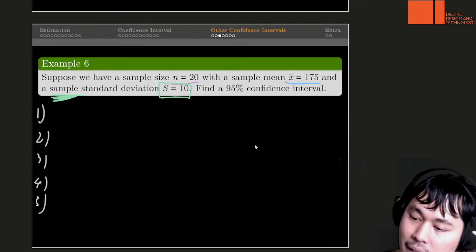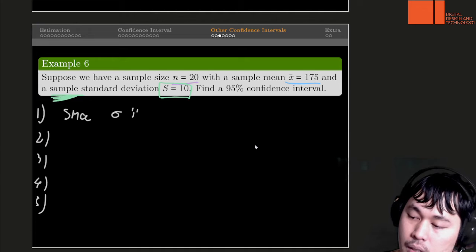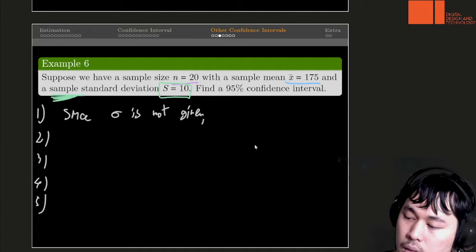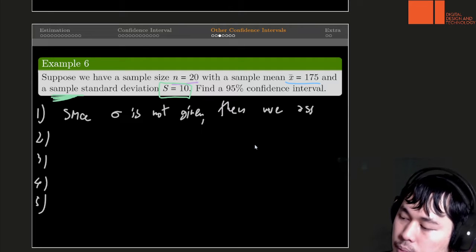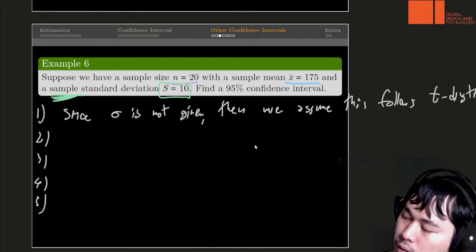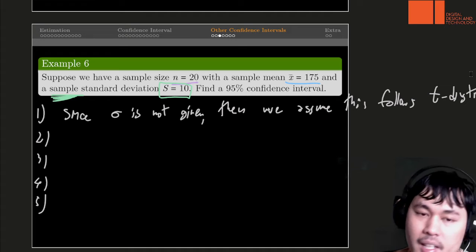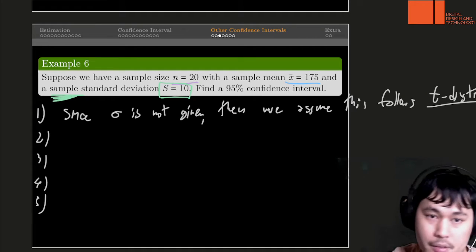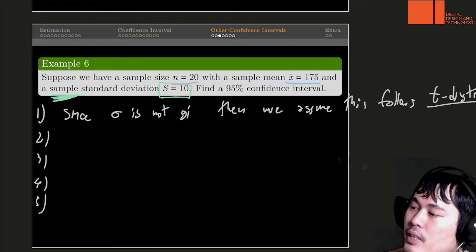So in the first step we have to say, okay, since the population standard deviation is not given, we assume that this follows the t distribution instead of the normal distribution, and you need to look up the t table instead.